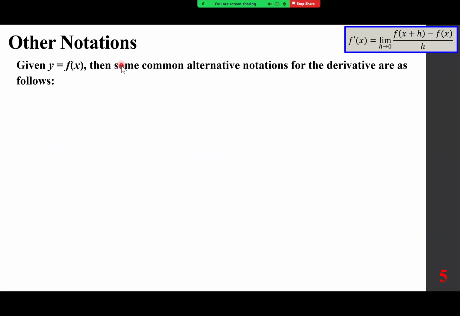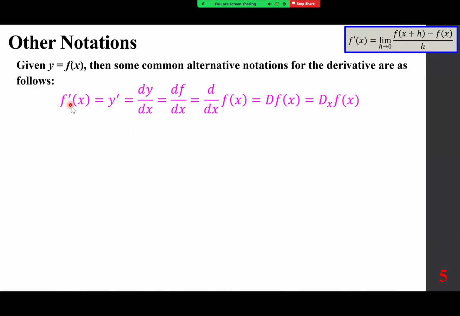Other notations. Given y equals f of x, some common alternative notations for the derivative are as follows: f prime of x, y prime, dy dx, df dx, d dx of f of x, capital D of f of x, capital D sub x of f of x.